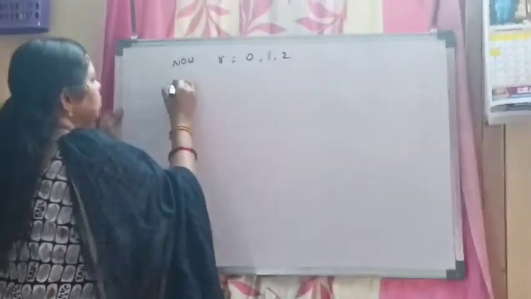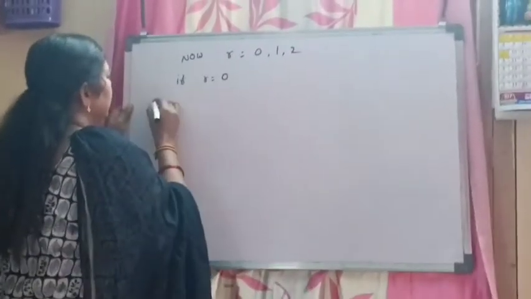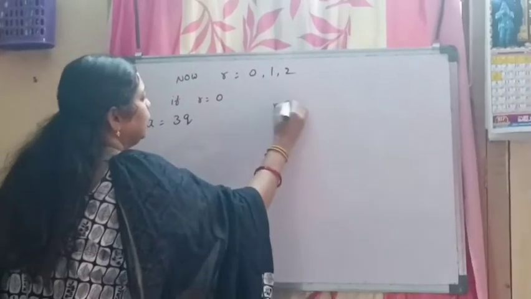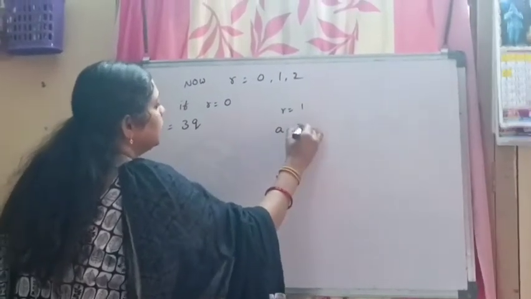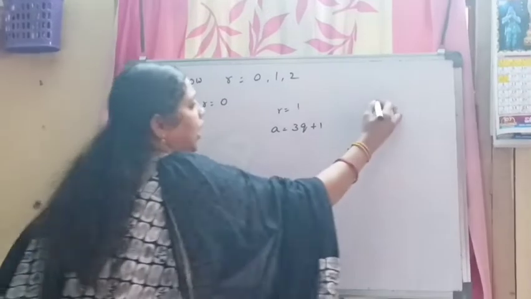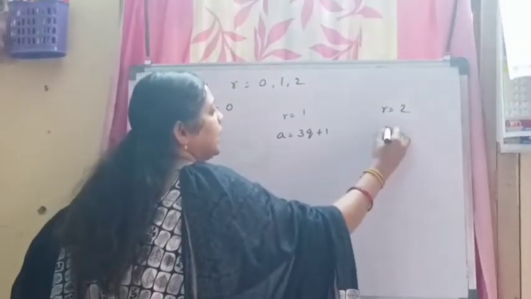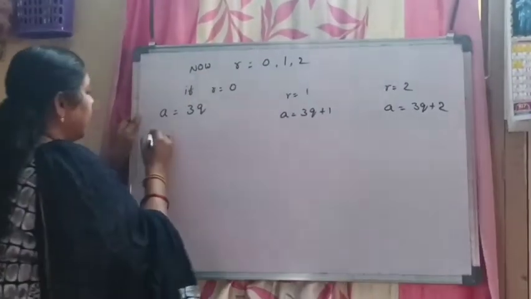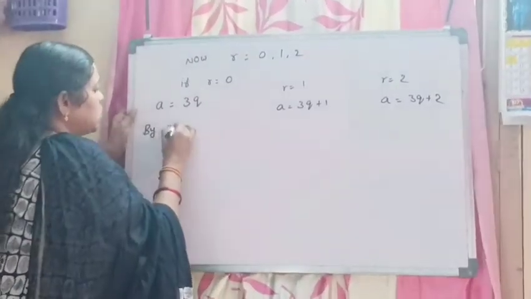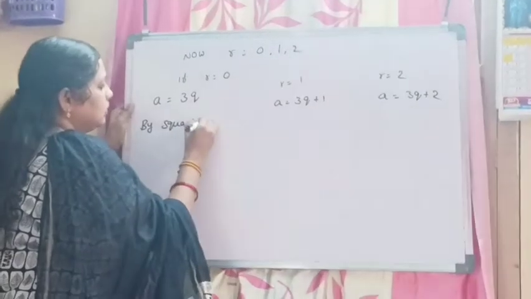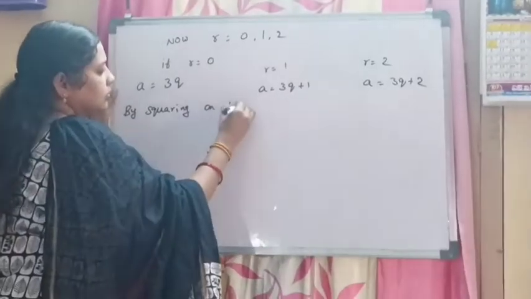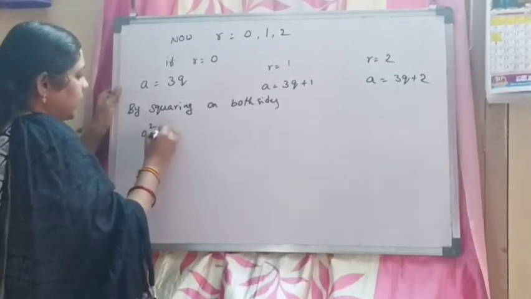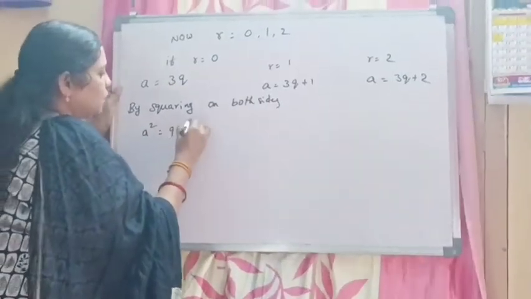If r is equal to 0, a is equal to 3q. If r is equal to 1, a is equal to 3q plus 1. If r is equal to 2, a is equal to 3q plus 2. By squaring on both sides, a square is equal to 9q square.